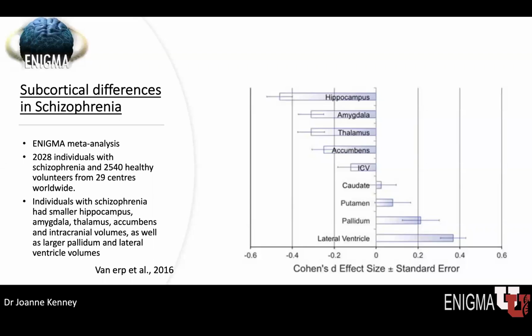Another study by Van Erp et al., as part of the ENIGMA consortium, looked at subcortical differences in schizophrenia. This study had about 2,000 individuals with schizophrenia and about 2,500 healthy controls from 29 centers worldwide.